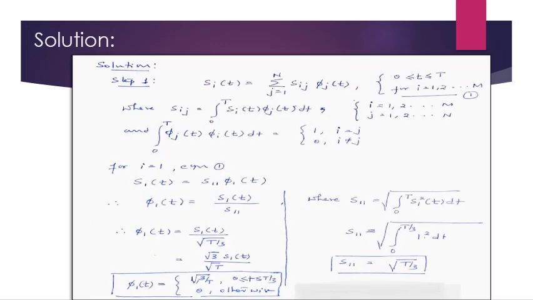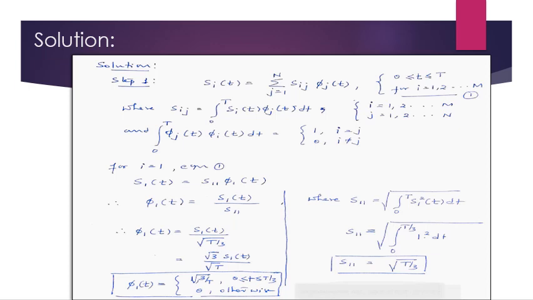So the solution, let's do step 1. We already know that Si of t equals the summation of j equals 1 to N of Sij phi j of t, and the conditions are given as follows, and let us consider this as equation number 1.